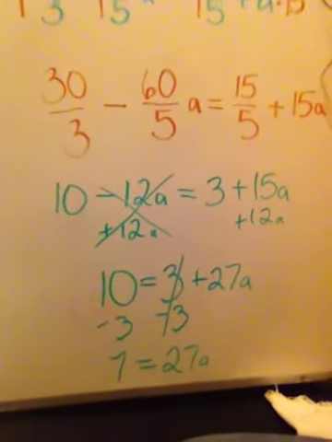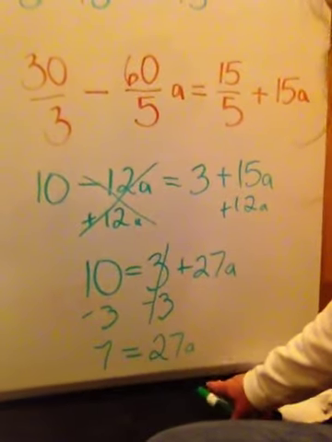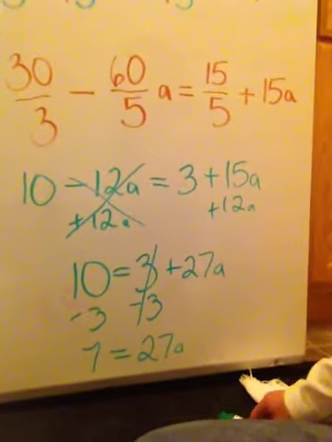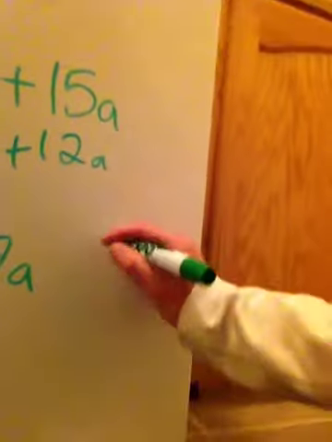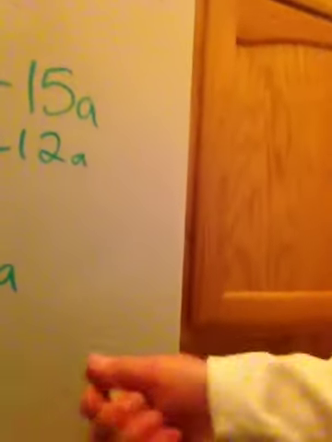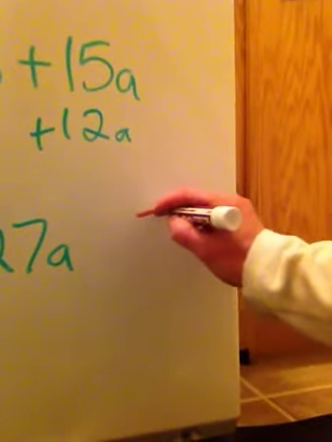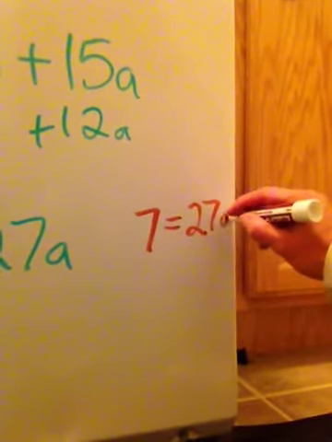And now I can divide the 27 off of the a because I'm down to one term on each side, basically. So this is what I had: 7 equals 27a.